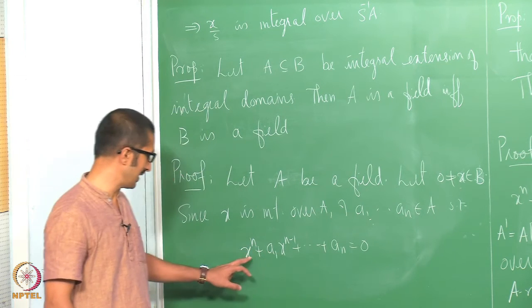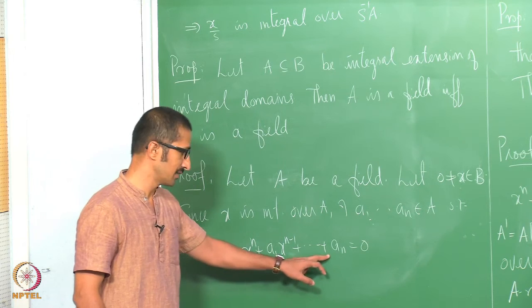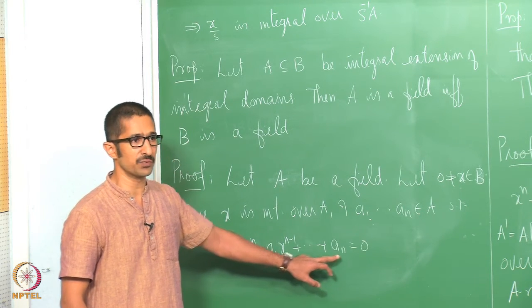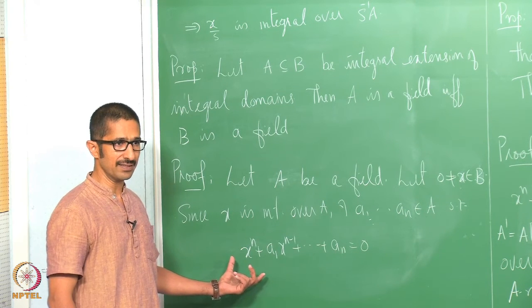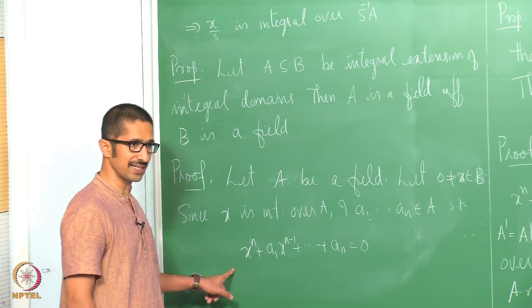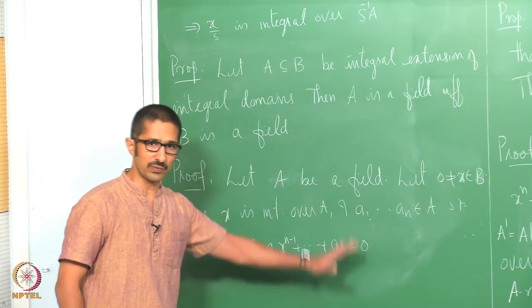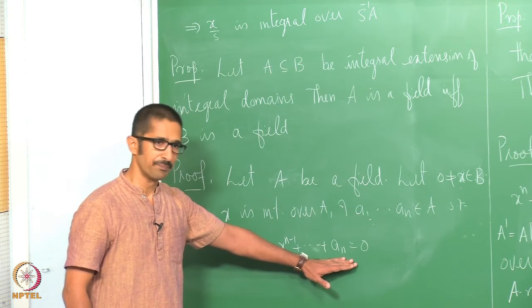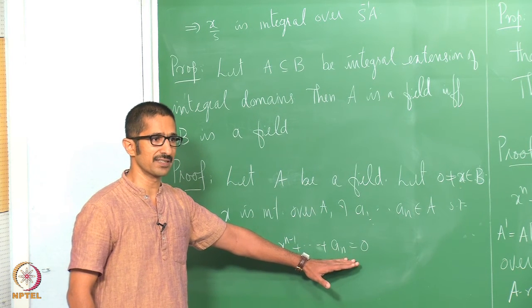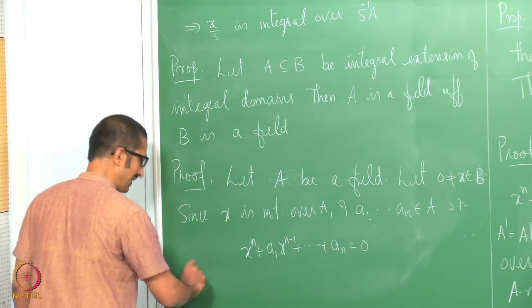If an is 0, I will have x times x power n minus 1 plus dot dot up to a n minus 1 is 0, but we are in an integral domain, therefore either x is 0 or the other one is 0. So, we can always reduce the degree of the equation, ultimately getting to a minimal equation. So, without loss of generality, we can assume that this is an equation of minimal degree, and hence an is non-zero.